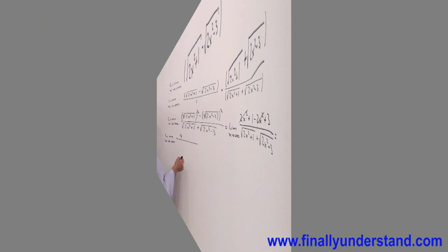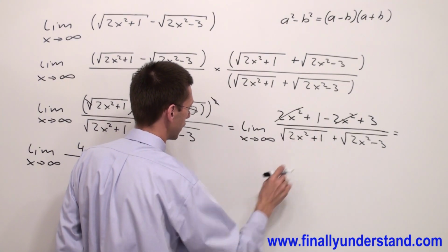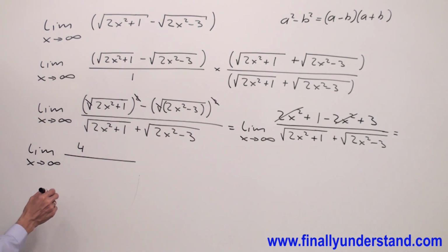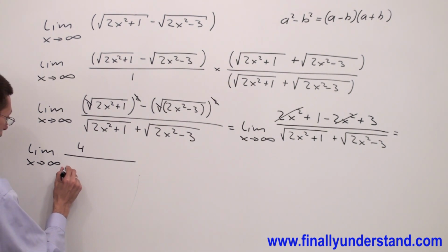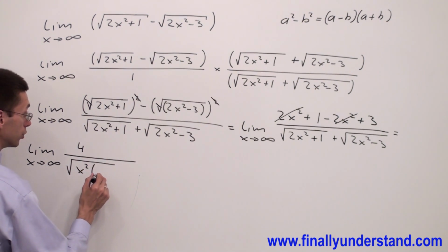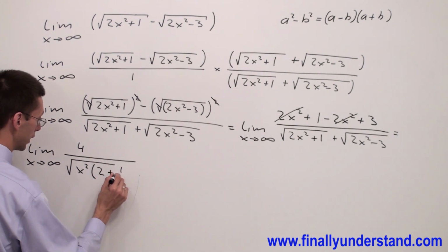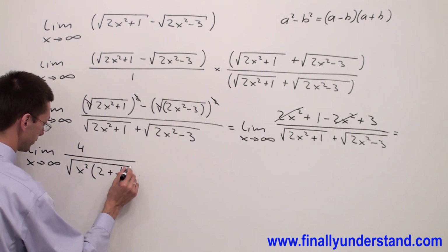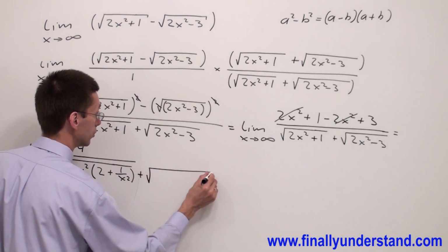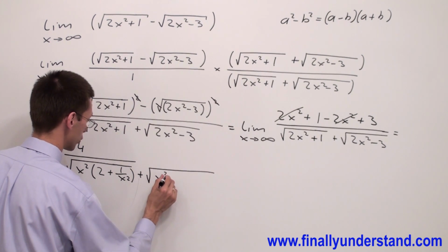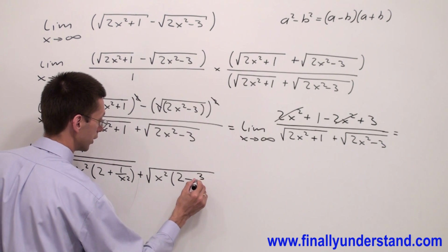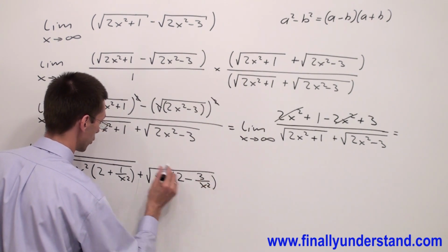Over, now from these two terms we can factorize the x squared under the radical, which is simply square root of x squared times square root of 2 plus 1 over x squared, plus square root, and I have again x squared, and inside of the parentheses I'm going to have 2 minus 3 over x squared.